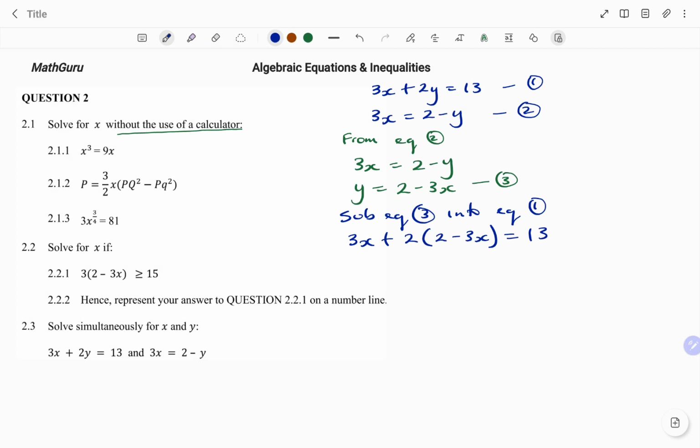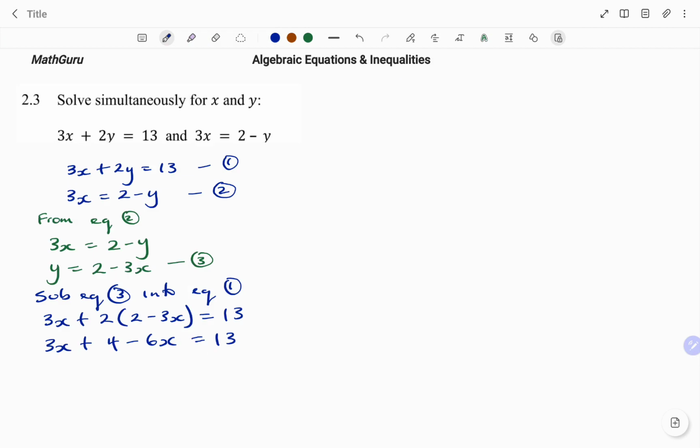Expanding and collecting like terms, I have 3x plus 2 times 2, that's 4. 2 times negative 3x, that's negative 6x equals 13. 3x minus 6x, collecting like terms, that's negative 3x.